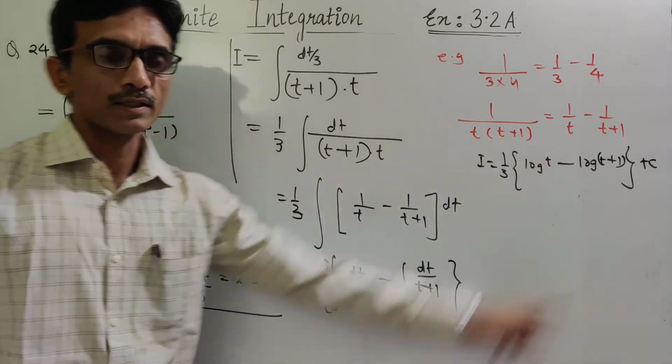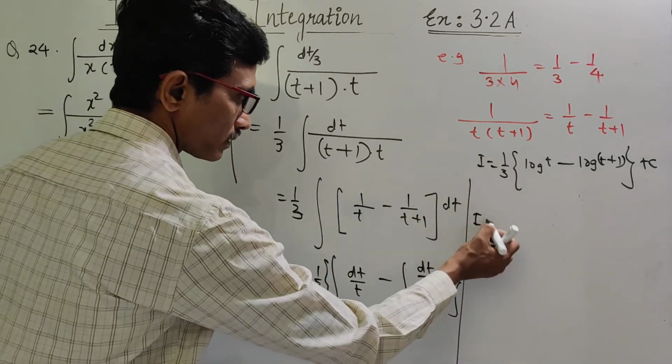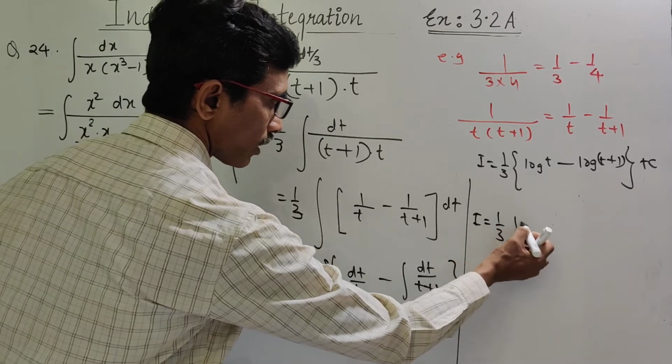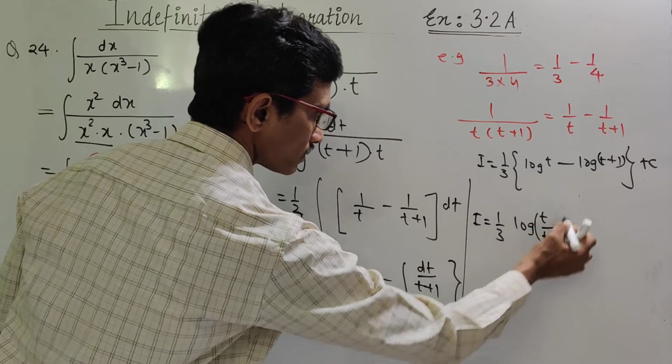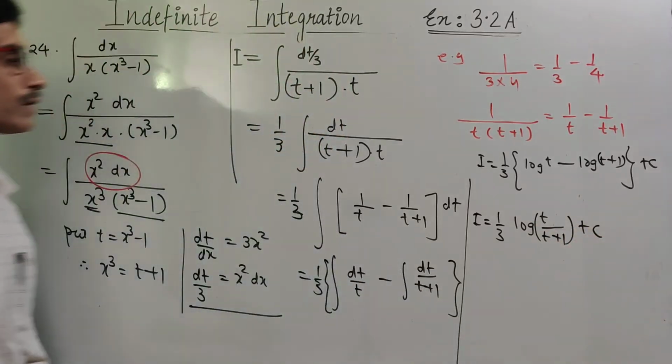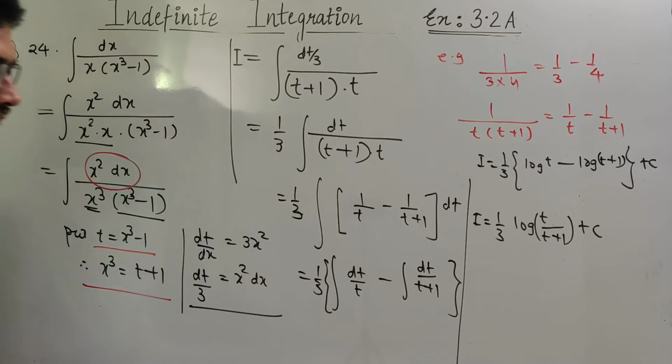Log t minus log t plus 1 we will write as log t upon t plus 1. So it is 1 by 3 into log of t upon t plus 1 plus c, where t is equal to what? x cube minus 1, and t plus 1 is what? x cube only.